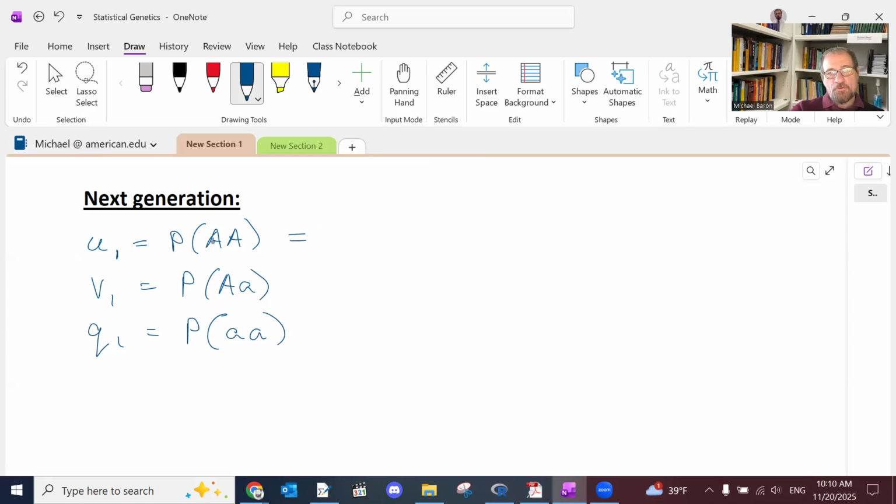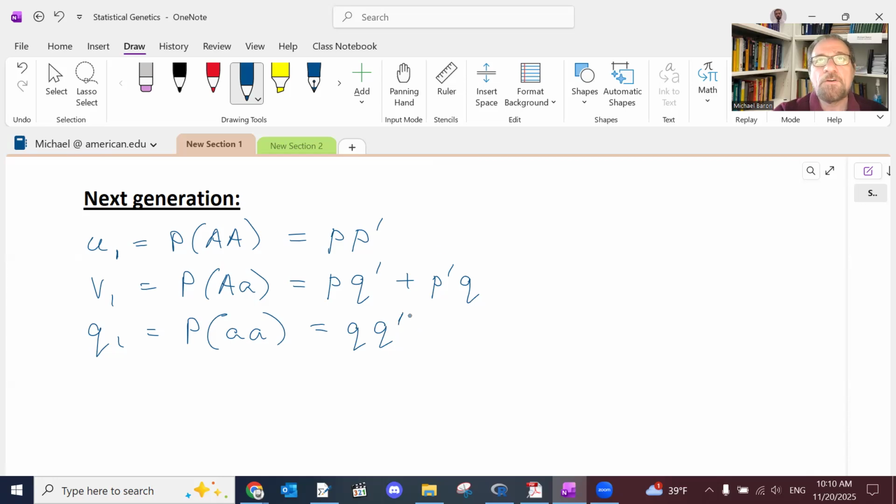Okay, so to be a dominant homozygote, you need to receive a dominant gene from the mother and a dominant gene from the father. Heterozygote, dominant from the mother, recessive from the father, or dominant from the father, recessive from the mother, right? And this is no longer 2pq because p is not necessarily the same as p prime, q is not q prime. Both recessive genes, that means recessive from the mother, recessive from the father.